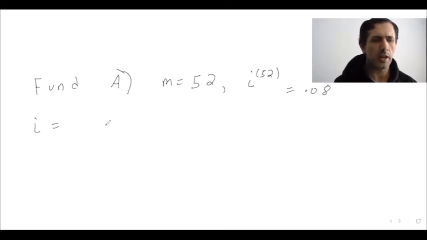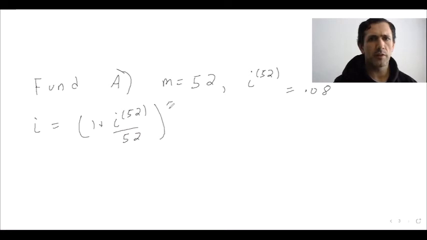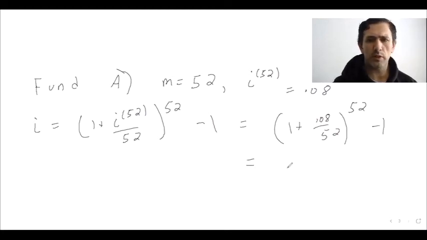For Fund A, the equivalent effective annual interest rate, just dump into your formula: 1 plus I52 over 52, to the 52, minus 1. 1 plus 0.08 over 52, to the 52, minus 1. That gives you 0.08322. All right, so this is for Fund A.